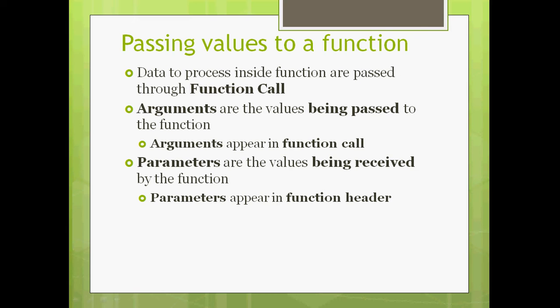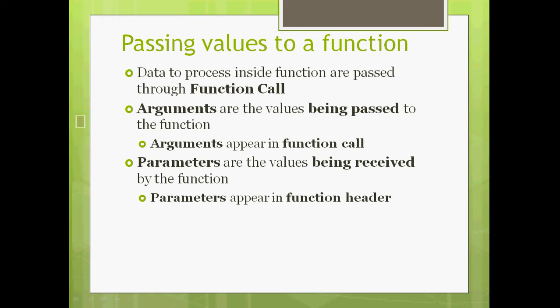Either inside the function you can ask the user to input the values, or before calling the function you can ask the user to input the value, then pass that value to the function. So two different ways are there to get the values for processing inside the function. Either you receive the value within the function, or you receive it first, then you pass it to the function.